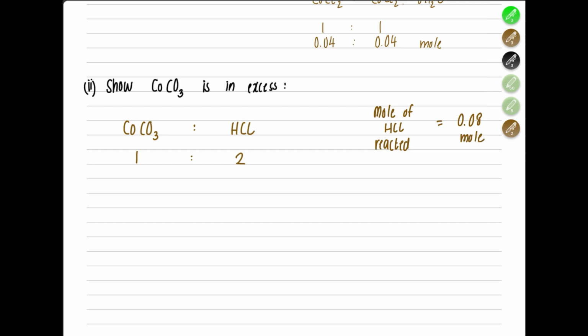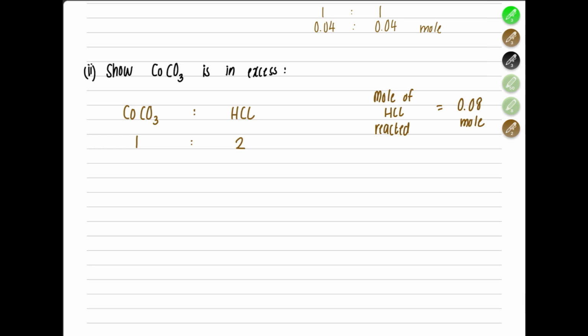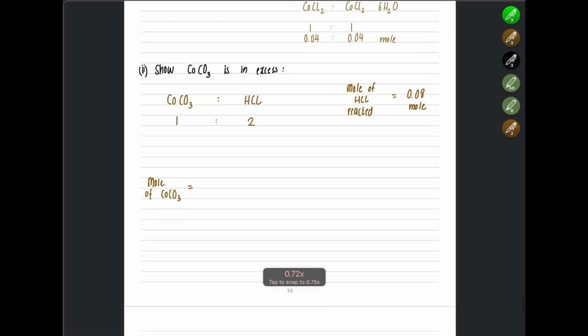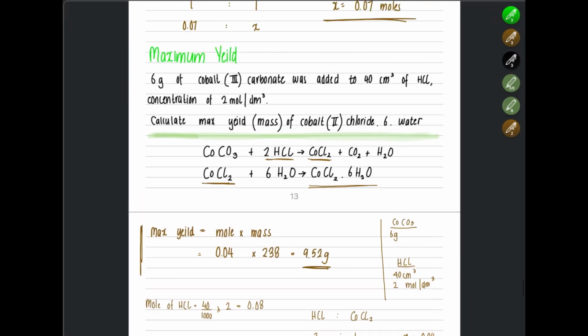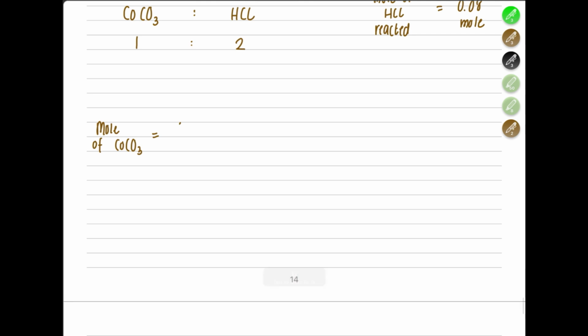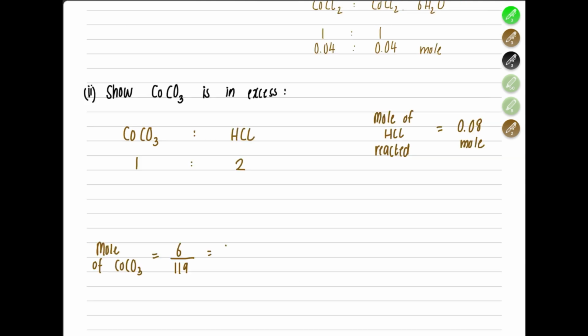But let's see what would happen if all the cobalt carbonate had reacted. What are the moles of cobalt carbonate? Mass divided by Mr. The mass is given, which is 6. So 6 divided by Mr gives 0.05 moles.